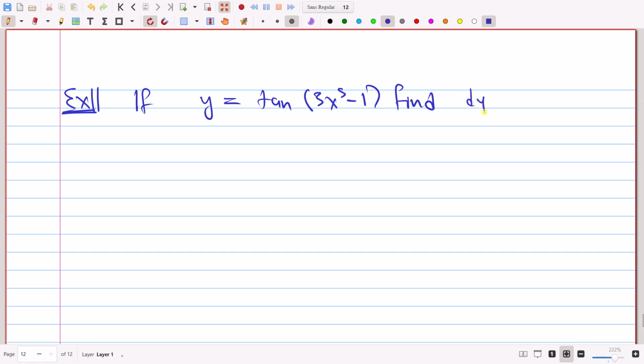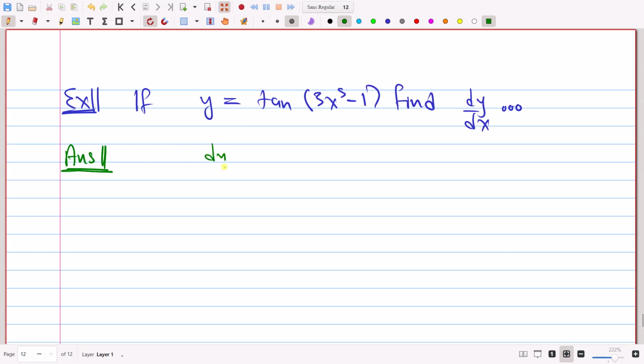Sometimes, knowing this result, they can then ask you questions. Another example: if y is equal to tan of 3x^5 minus 1, find dy/dx. To find dy/dx, this is simple.